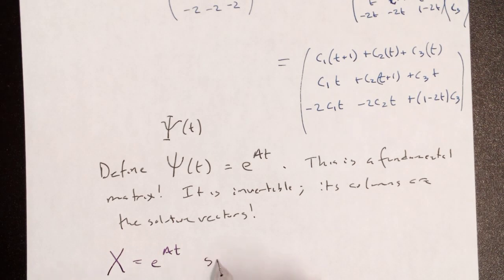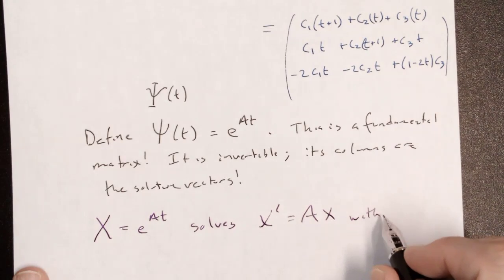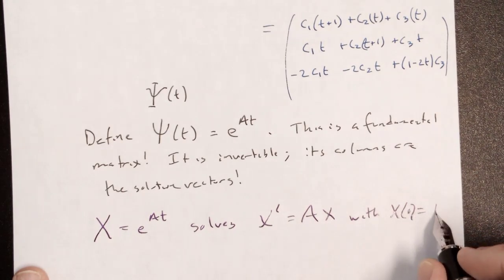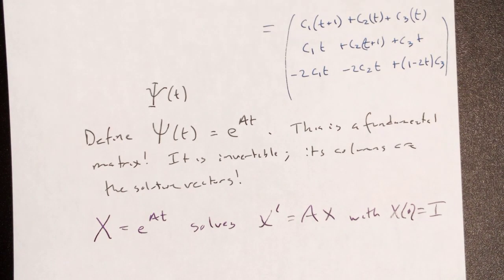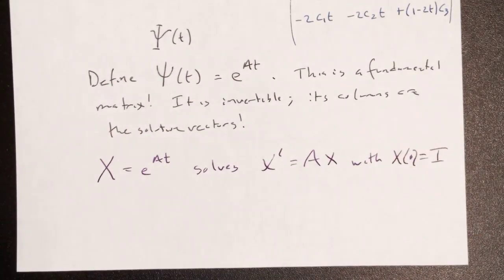If this is the solution to my differential equation with some initial condition, I might as well make it the identity. So I'll say x1 of 0 is 1, x2 of 0 is 1. That makes my life easier. Then I can try Laplace transforming this.